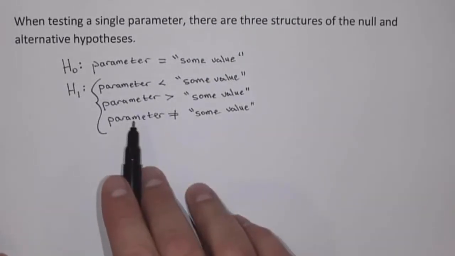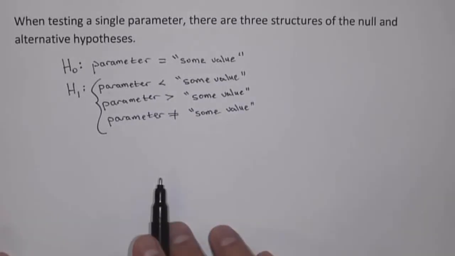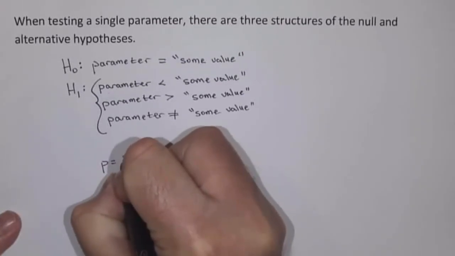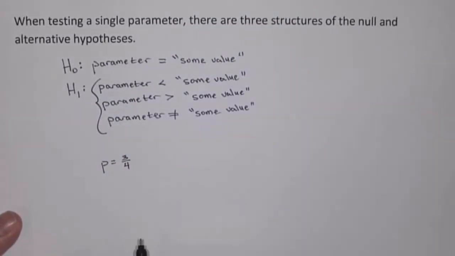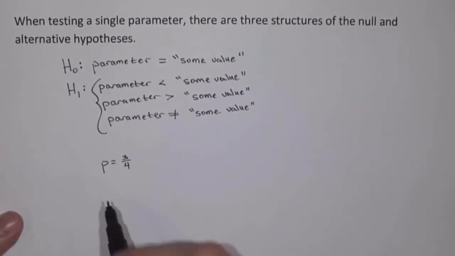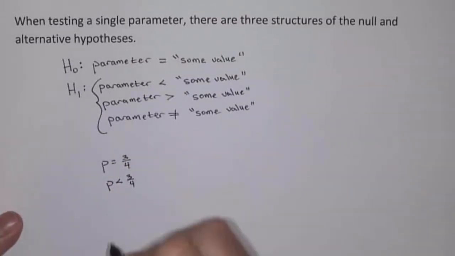Which one depends on what the researcher believes is true if the null hypothesis is not true. So for example, I gave the case of 3 out of 4 dentists recommend a particular kind of toothbrush. Well, if the researcher believes that it's in fact fewer than 3 out of 4, then the alternative hypothesis would be less than 3 out of 4.